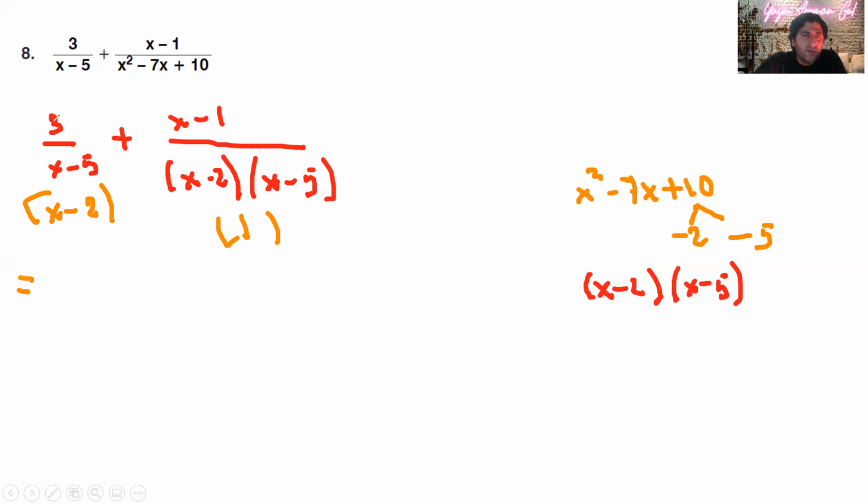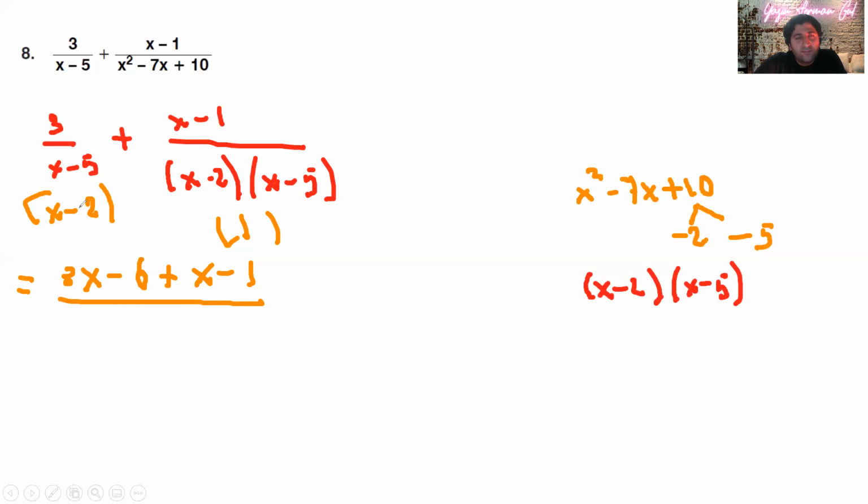Okay, so if I do that, 3 times x minus 2 will be, 3 times x will be 3x, minus 3 times 2 will be 6. Right. Plus, I come here, 1 times x minus 1 will be x minus 1 over, now my denominators are the same, right?